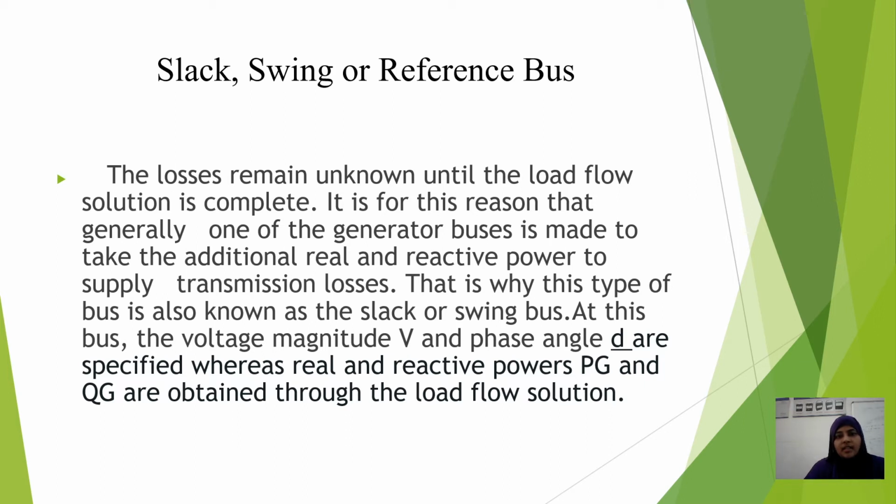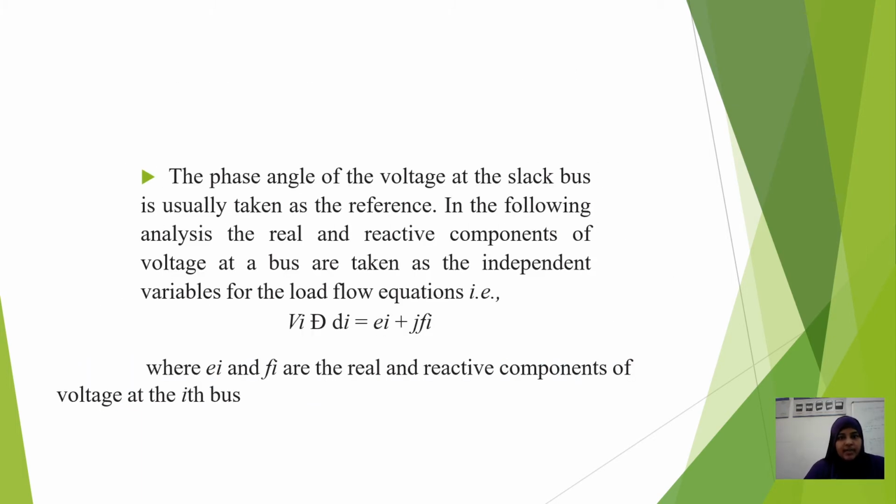For this reason, generally one of the generator buses is made to take additional real and reactive power to supply transmission losses. So this type of bus is also known as slack or swing bus. At this bus, voltage magnitude and phase angle are specified, whereas real and reactive powers will be obtained through the load flow solution. Phase angle of voltage at the slack bus is usually taken as reference.